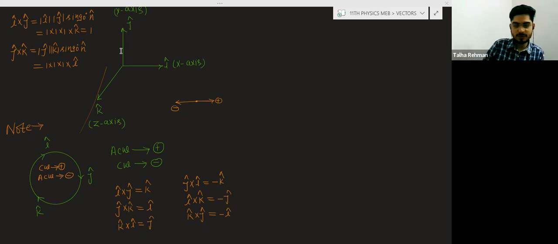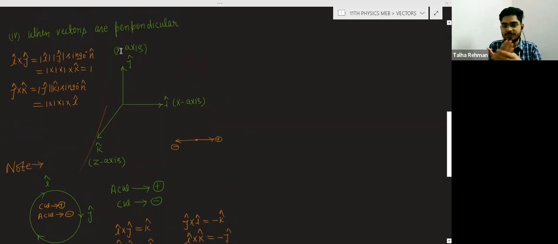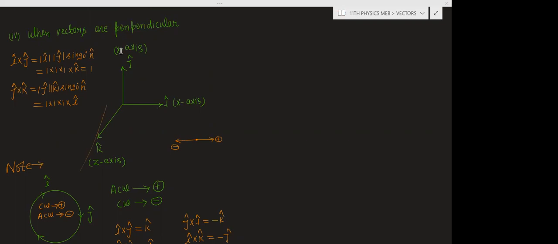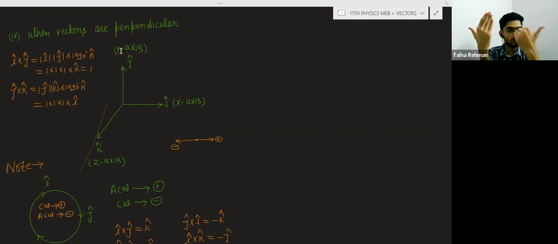See, j is in the upward direction. So you are doing j cross k, and your finger should be in the upward direction. And k is the positive k, towards you. So you will curl your finger like this, towards you.